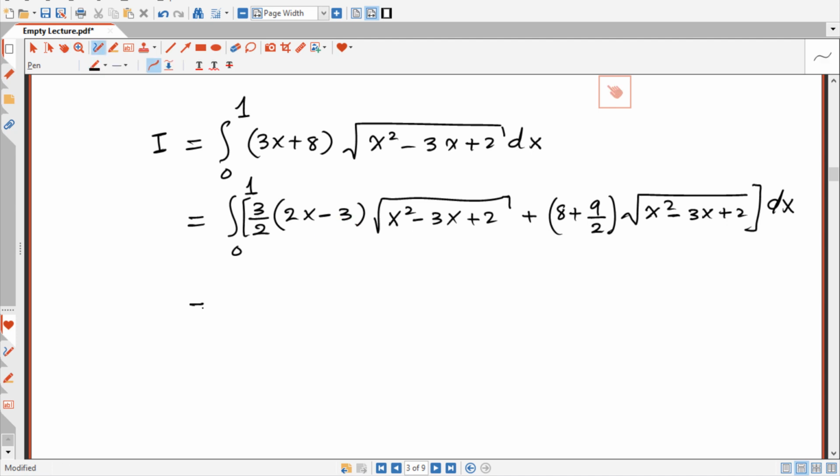This is equal to x squared minus 3x plus 2 to the power half plus 1, that's 3 by 2, divided by 3 by 2.